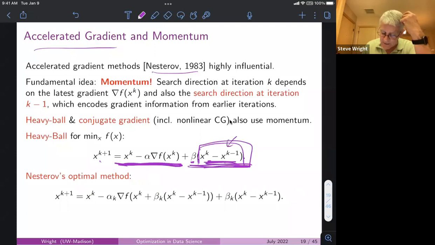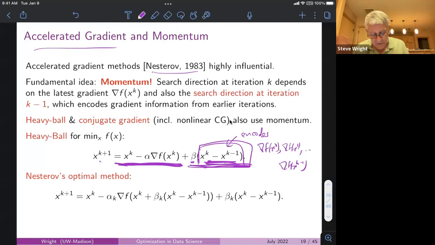So this basically encodes all the gradients you've seen so far. This encodes the gradient of f of x naught, the gradient of f of x1, and so on, up to the gradient of f at xk minus 1. So in other words, it's a very compact way of using not only the latest gradient information, but also all of the gradients you've seen up till now, okay?